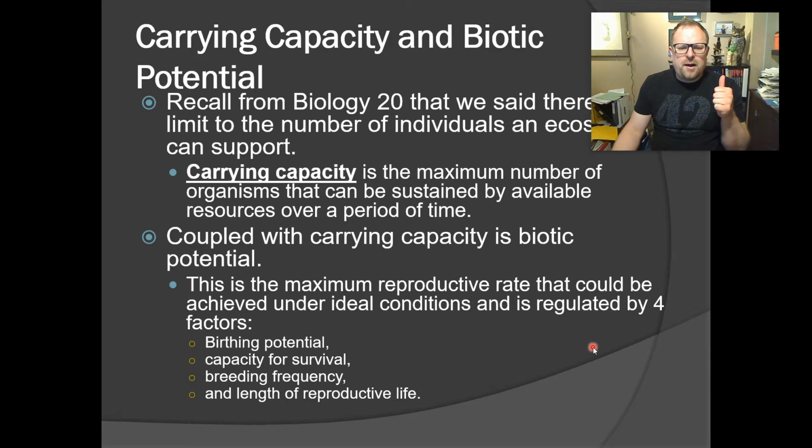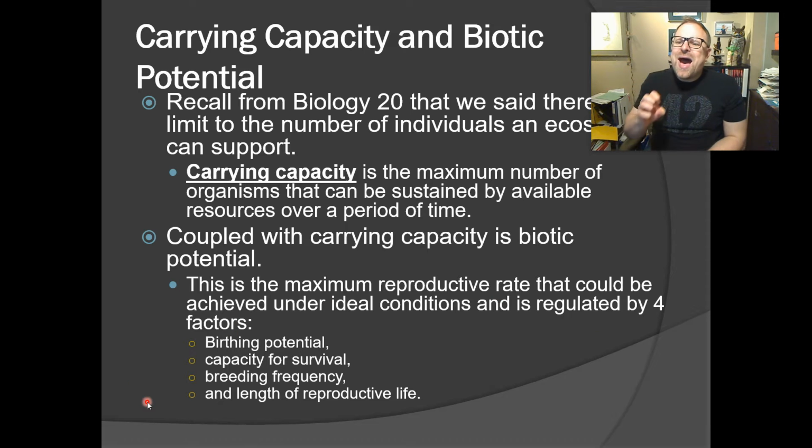So how many organisms you can have in one birthing cycle. Capacity for survival, how many of those organisms actually survive after they've been born to reach sexual maturity. Breeding frequency, how often you're able to breed, and that has to do with gestation period and other things like that. And then the length of reproductive life, how long you are going to be an active breeder for.